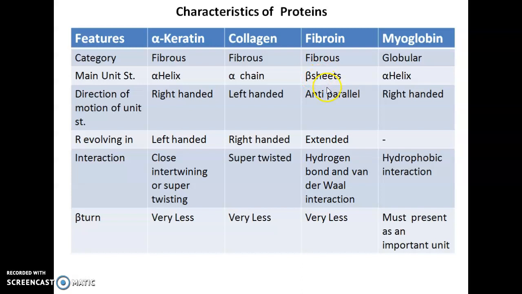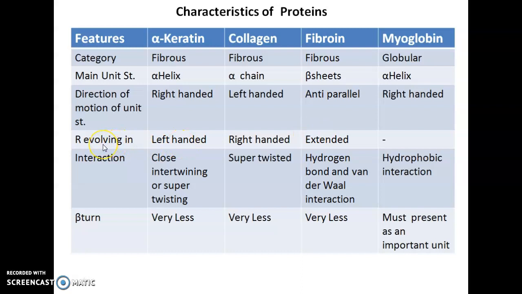Beta sheets, as I have already told you about the stable conformation of beta structure, mainly belong to the anti-parallel category, while the alpha helix in myoglobin is again right-handed.